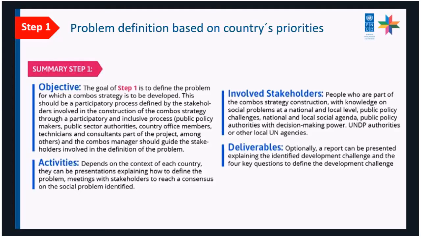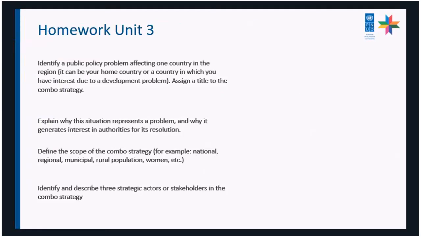So that was the overview of Unit 3, which is mainly about how to land the combo approach in each country and how to define the problem that the combo is going to approach.